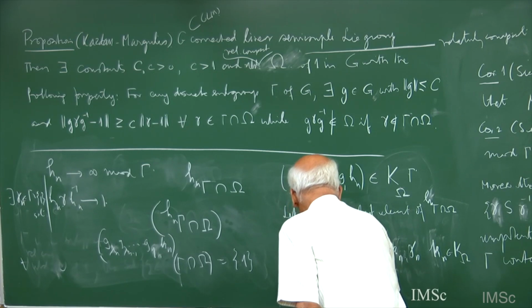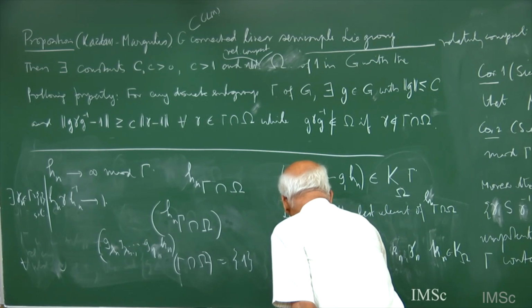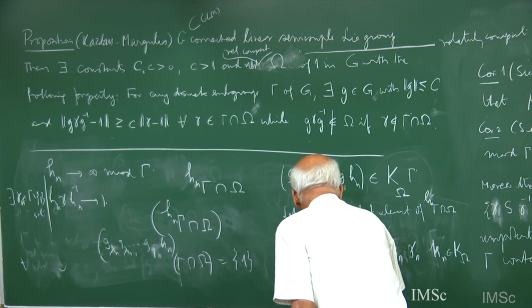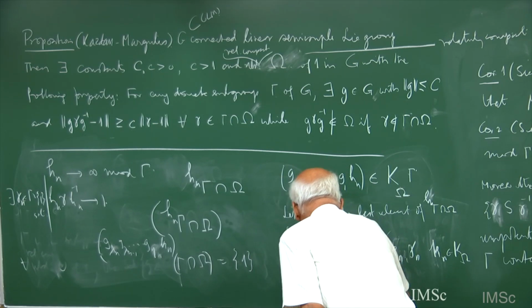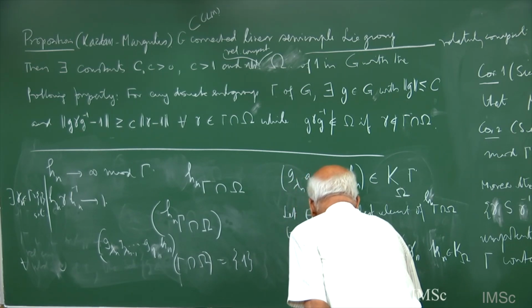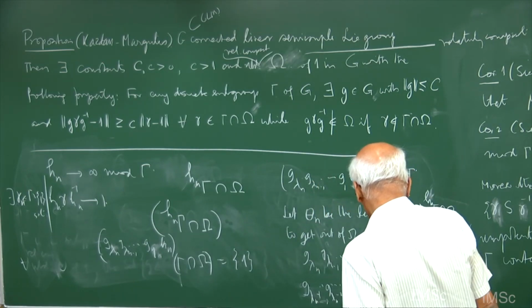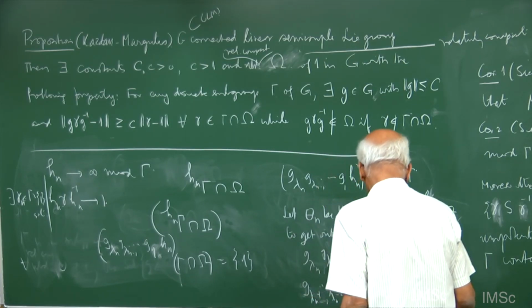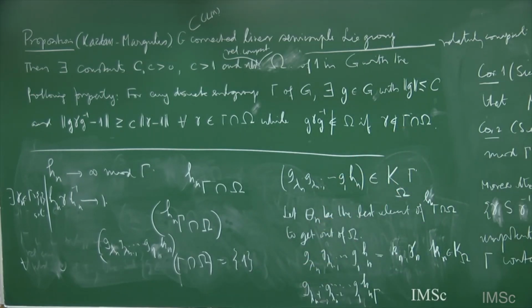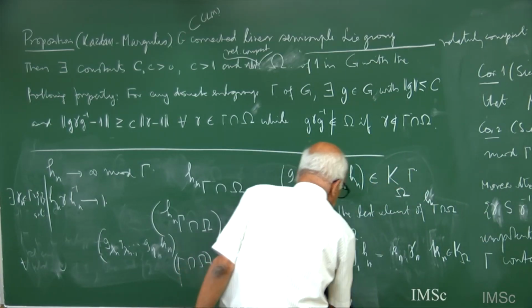I also know that this is true: G lambda n minus 1, etc., lambda n minus 2, etc., G1 Hn, gamma. Okay.